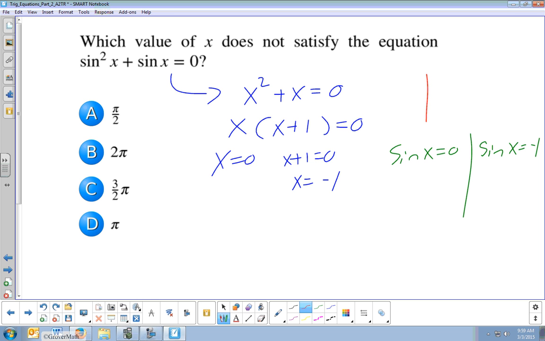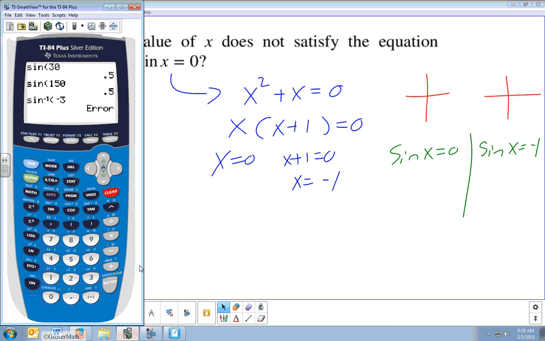Now, when sine and cosine are 1, 0, -1, stuff like that, what that means is they are quadrantal. And the calculator will tell you that when you do second sine 0. You get 0, meaning 0 degrees. And second sine -1, we get -90, which we know we could add 360 to those negative angles and make it 270.